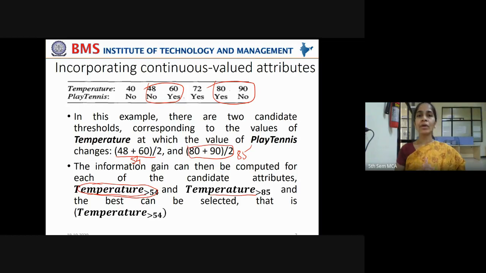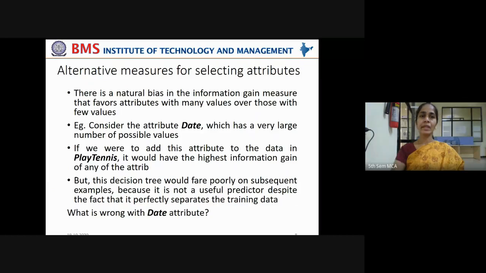This is how we can convert continuous valued attributes like temperature, by taking the information gain with the split point, and make it comfortable for the decision tree to learn from. So finding this interval, finding that threshold, is important. Got it?